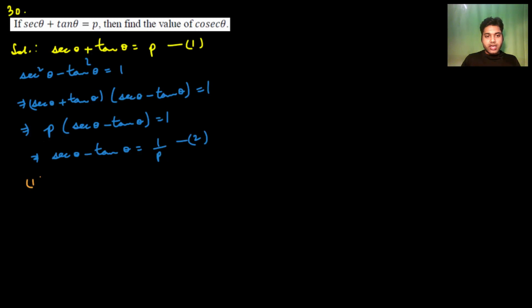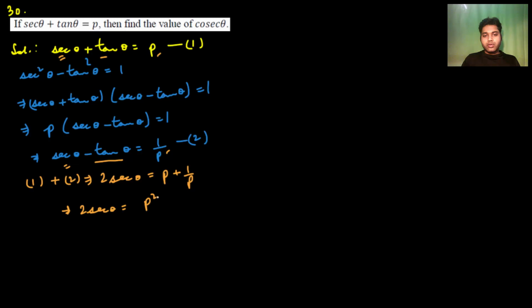Now let's add 1 and 2. 1 plus 2 will give this sec theta and this sec theta, so 2 sec theta, plus tan theta and minus tan theta, they get cancelled out. We have p plus 1 by p, or 2 sec theta equal to p square plus 1 by p, or sec theta is equal to p square plus 1 by 2p.